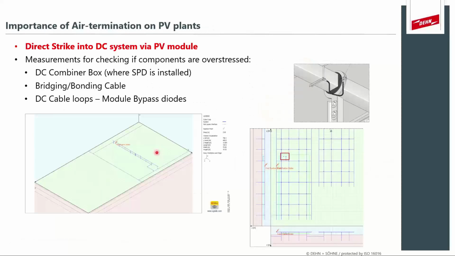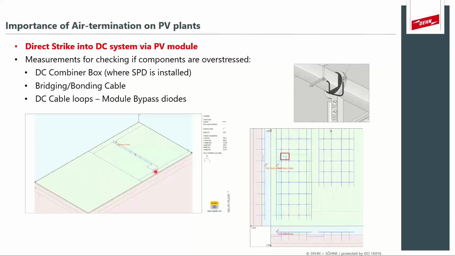So firstly, on the left, you can see an isolated PV tracker or PV structure within the system that's connected to the grounding system on the sides. And we then strike lightning into the DC system or onto the PV module directly. And what we want to measure afterwards is the following. We want to see where this DC cable goes downstream and connects to a combiner box.